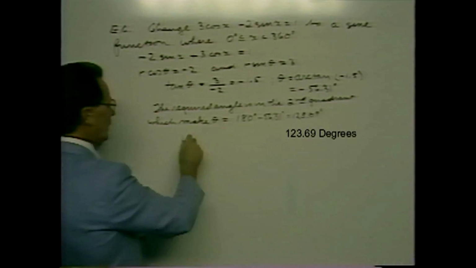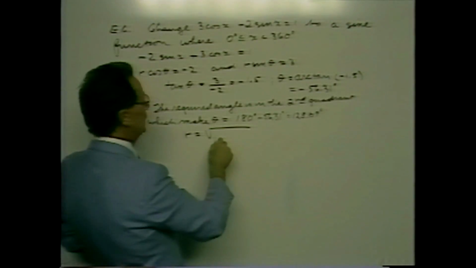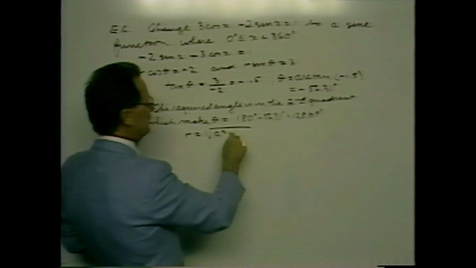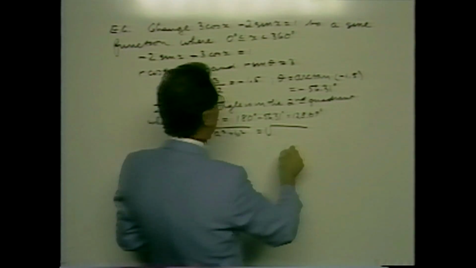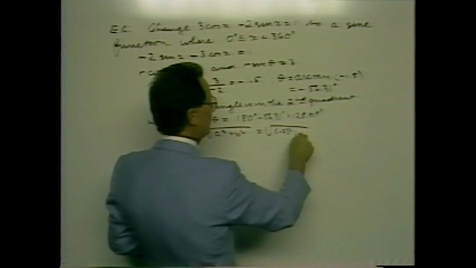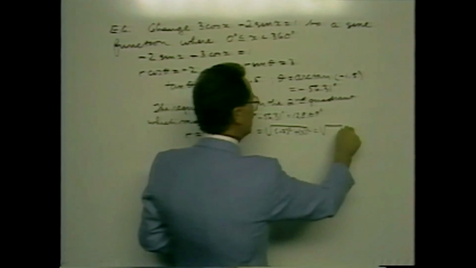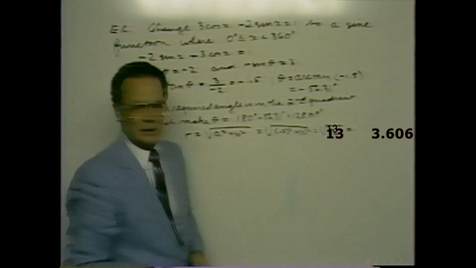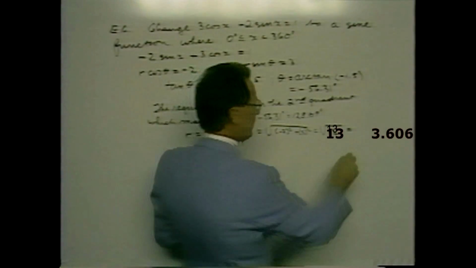Also, r can now be found as equaling the square root of a squared plus b squared, which is equal to the square root of negative 2 squared plus 3 squared is equal to the square root of, and that amounts to 3.606.